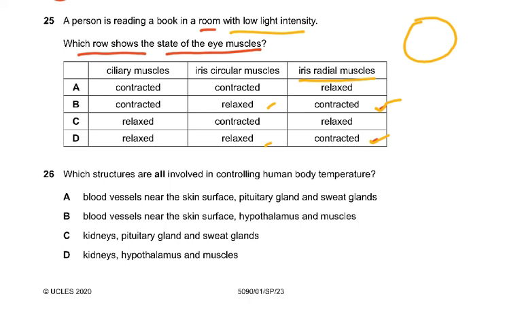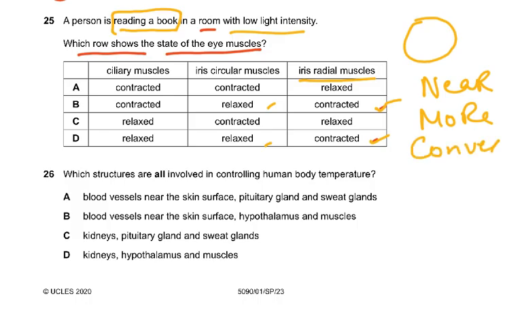But then you're reading a book. When you're reading a book, it's near. When it's near, the lens is more convex. If you look at my videos on this, near, more convex. So in order for the lens to be more convex, there is a ciliary muscle which is attached to it.